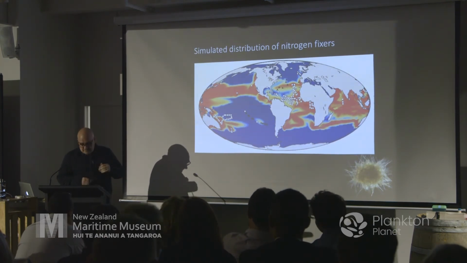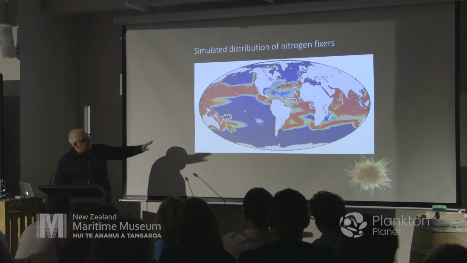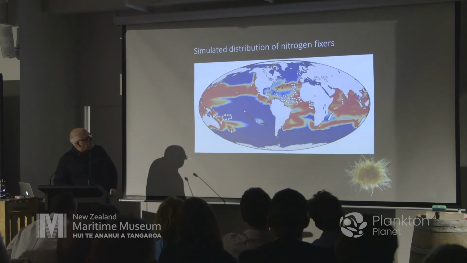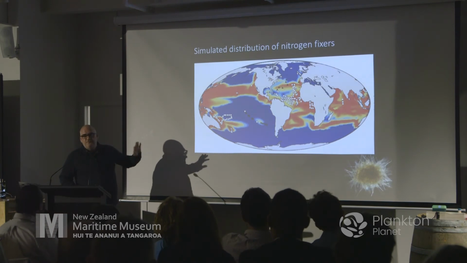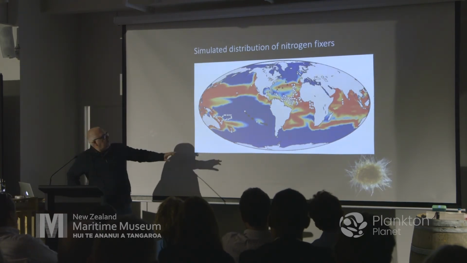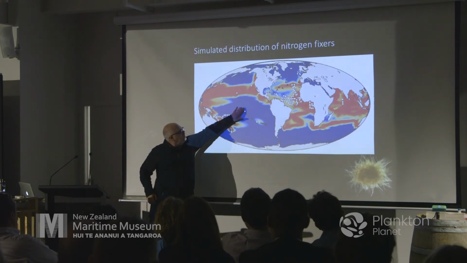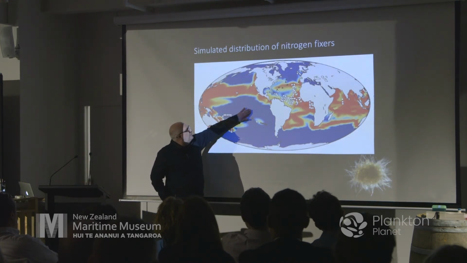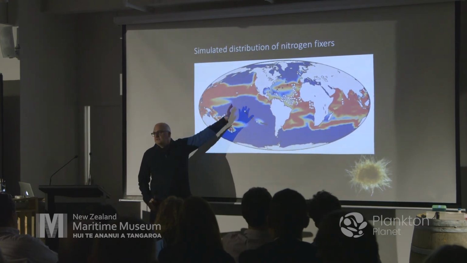There is quite a bit more data nowadays. For example, Tara fills in a few spaces on this map, but there's still very large regions where we simply don't have any data. The model says there isn't any nitrogen fixation here. We don't know if there is or isn't.